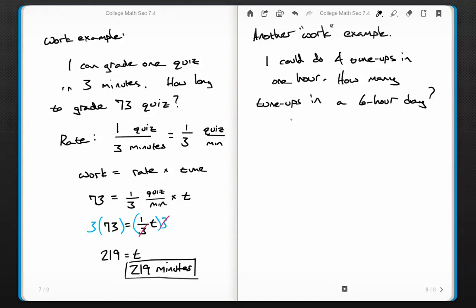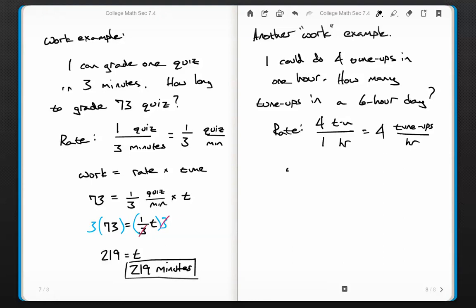So, my rate, right, it's 4 tune-ups in 1 hour. So that equals 4 tune-ups per hour.